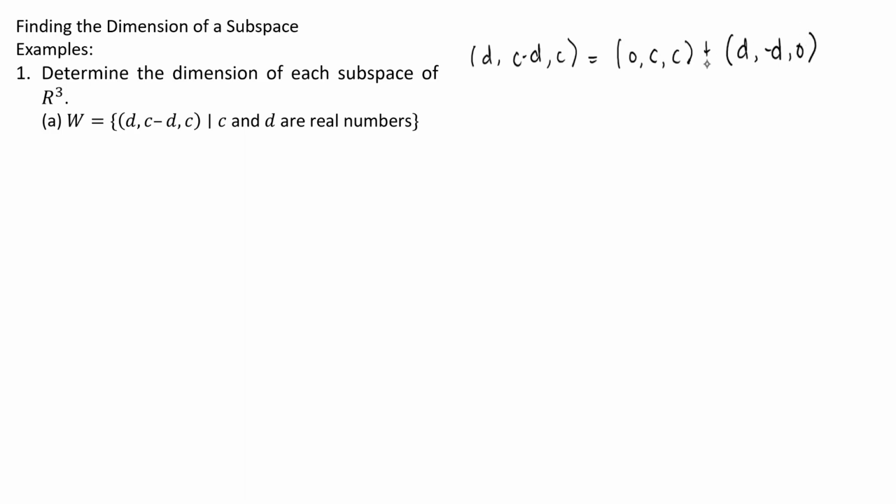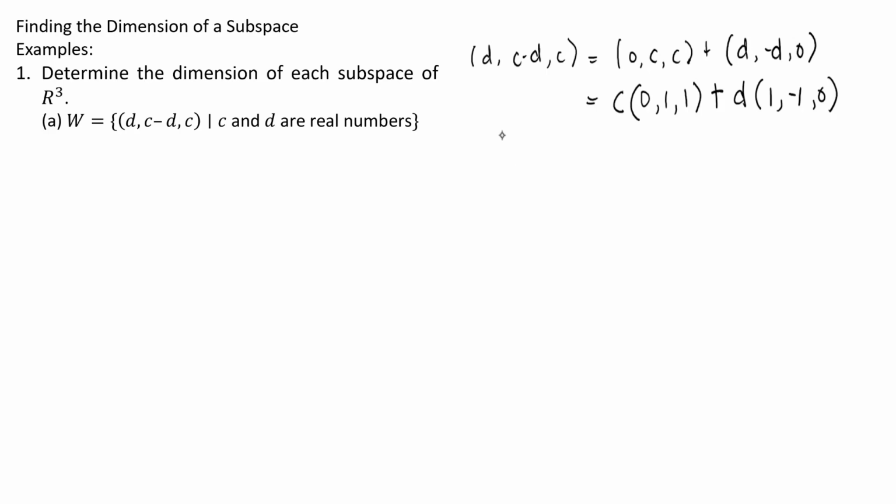We just write this vector as a sum of vectors, one containing C and the other containing D. When you add these two vectors, it will result in this one. And then if we factor out C, we will just have C times 0, 1, 1 plus D times 1, negative 1, 0.